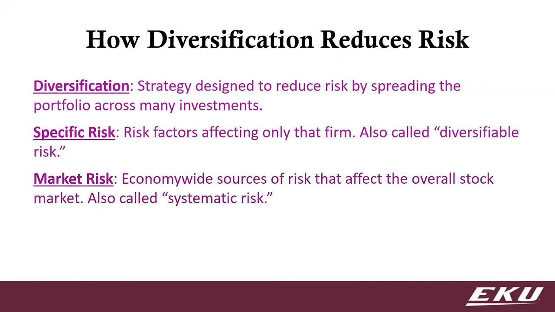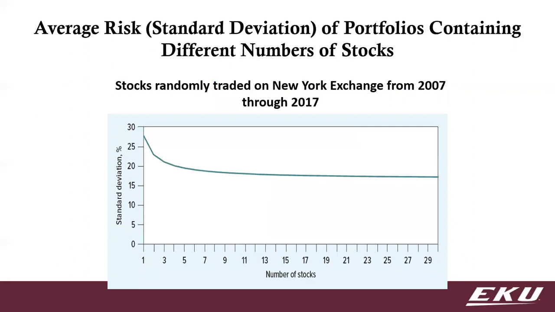Okay. So what does that look like? This is the standard deviation of portfolios as you begin adding more and more stocks. If you notice, the line curves down. First it goes rather steeply, and then it starts to flatten out.